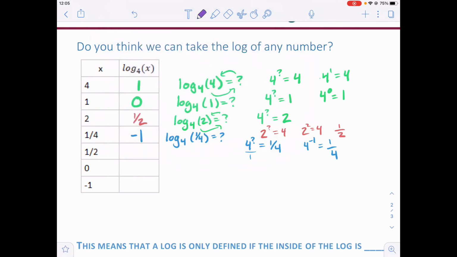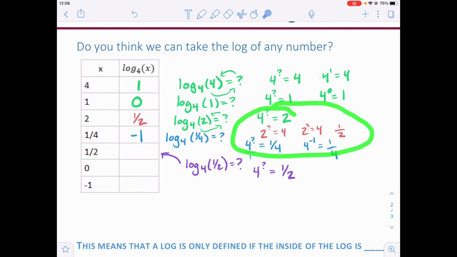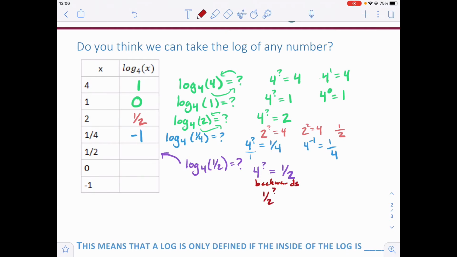And then if we look at this one, we've got log base 4 of 1/2. What does that equal? Well, 4 to what power equals 1/2? Well, we can sort of combine these two to give us our answer, or we could go backwards. Let's go backwards. 1/2 to what power is 4? And so we know that 2 squared is 4.